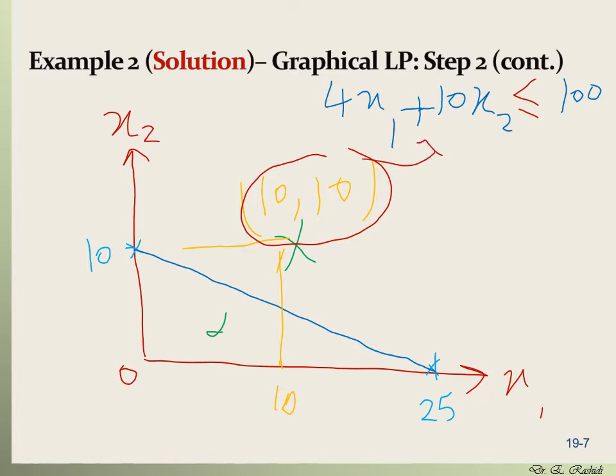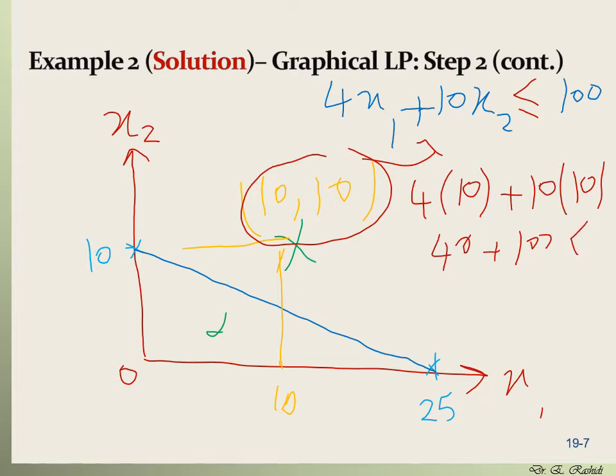So 4 multiplied by x1, that means 4 multiplied by 10, plus 10 multiplied by 10. So that is equal to 40 plus 100. That's 140. 140 is not less than 100, right?